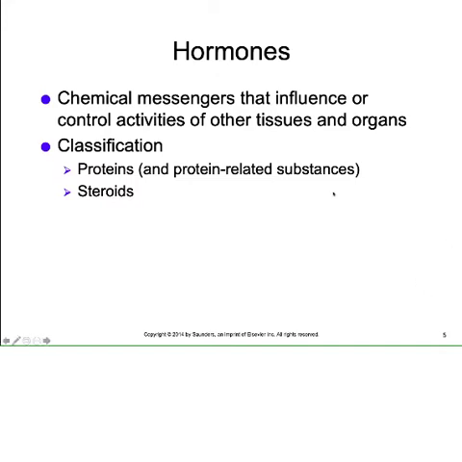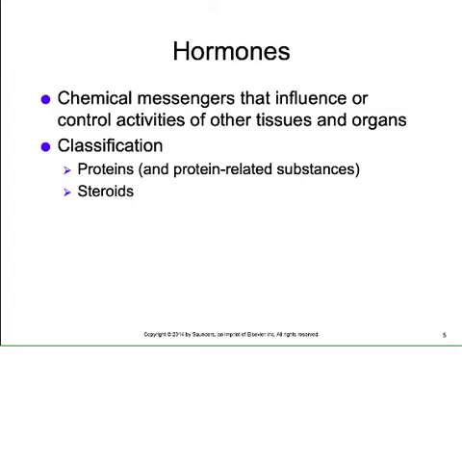Hormones are chemicals that are secreted into the blood by endocrine organs. They can either be water soluble or lipid soluble. Water soluble hormones tend to be proteins or amino acid derivatives, which means they're amino acids that have been chemically changed in a way to turn them into a hormone signaling molecule.